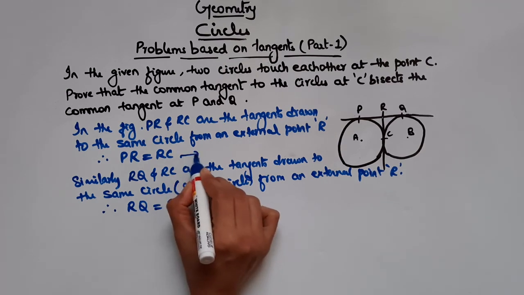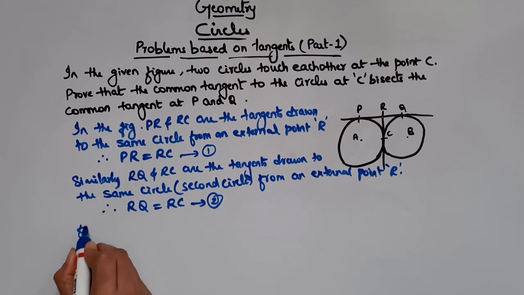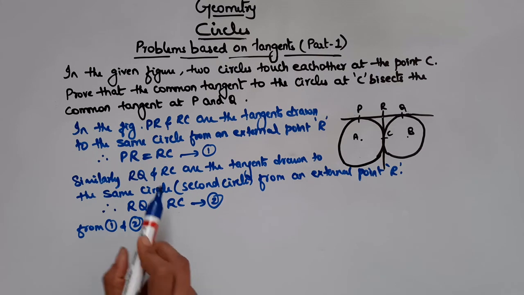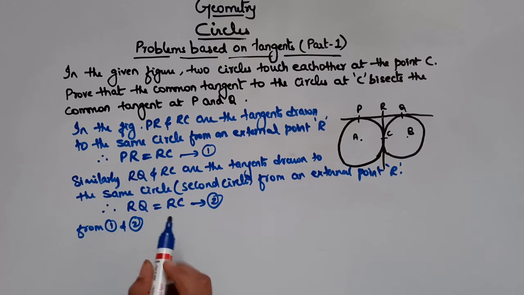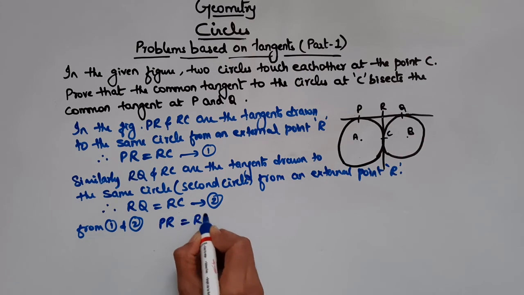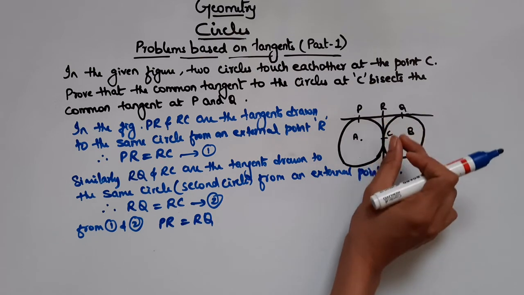So now if you see, let's take this equation as 1 and this equation as 2. So from equation 1 and 2, here RHS are equal. So therefore we can say PR is equal to RQ. So we have PR equal to RQ. When these two parts will be equal?